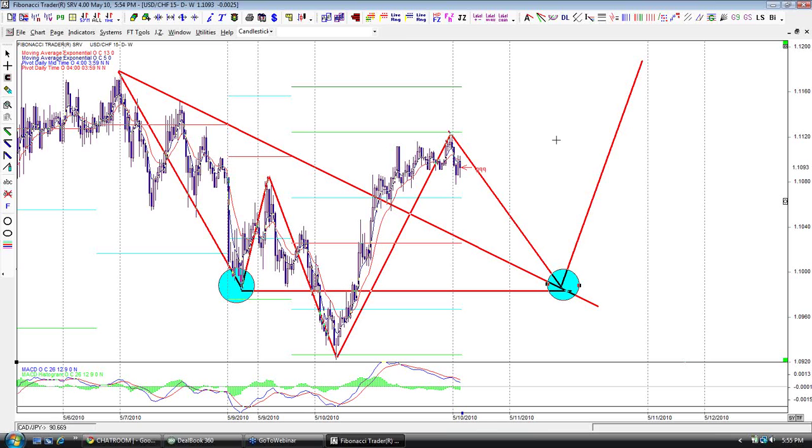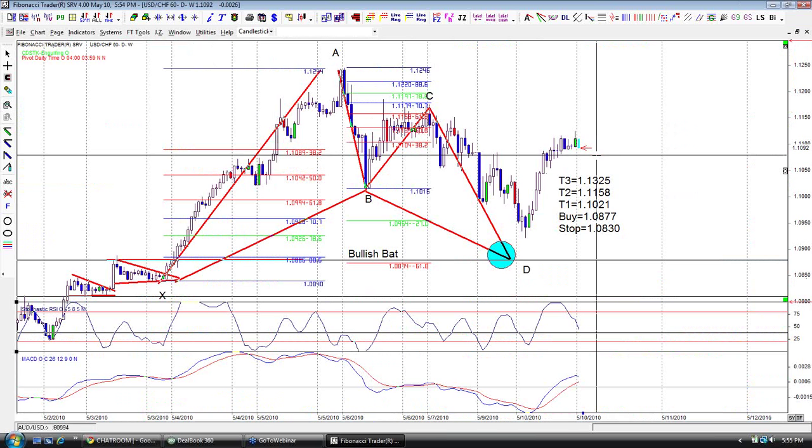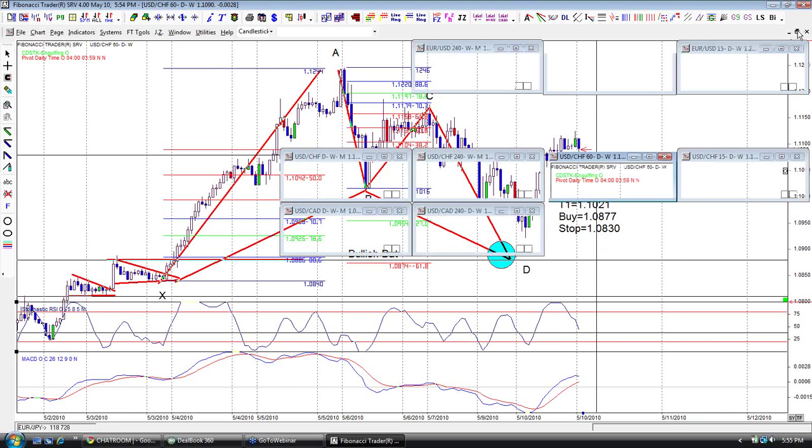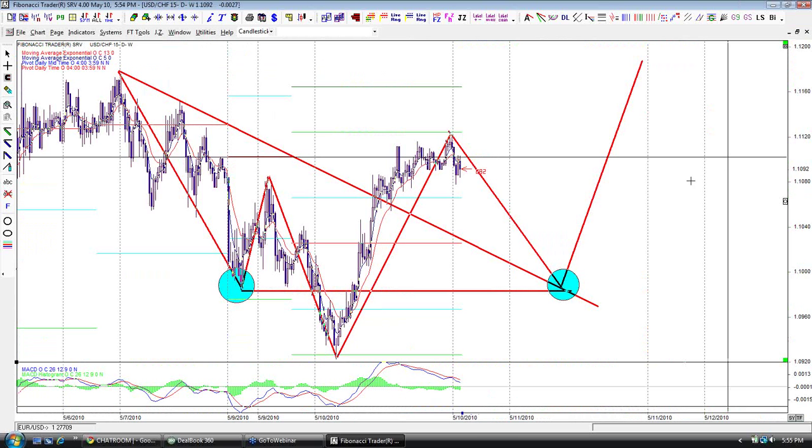If not, I still am going to leave my entry at 108.77. I can have both entries. But this is also a valid pattern, yes.